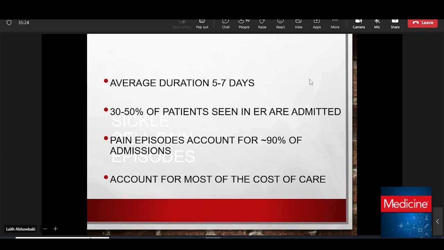Pain episodes account for the vast majority of hospital admissions in patients with sickle cell anemia, and they comprise most of the expenditure in those patients.